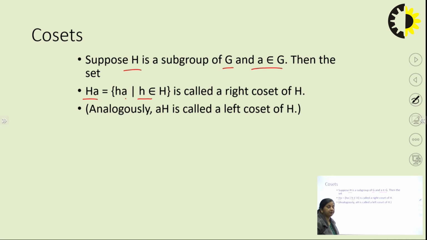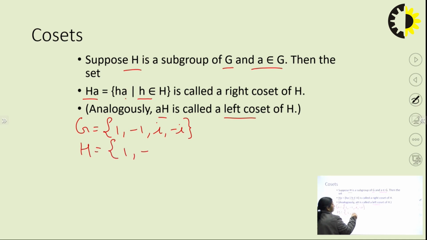So we will have different cosets. One right coset corresponds to one element. Analogously, on the same pattern, if I take A into H, I will call it a left coset. So let me take the same example. My group, the set, is 1, minus 1, iota, minus iota. My subgroup is 1 and minus 1. Now how to find the right cosets?